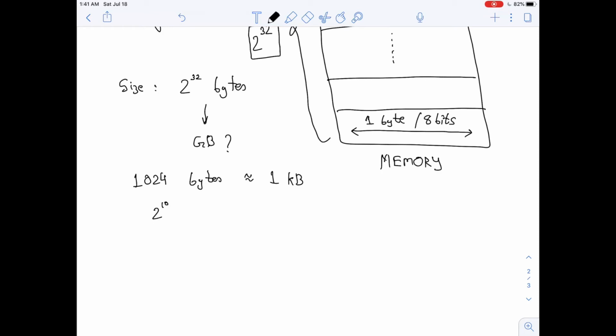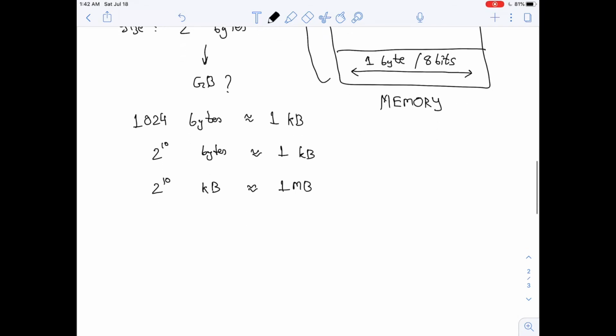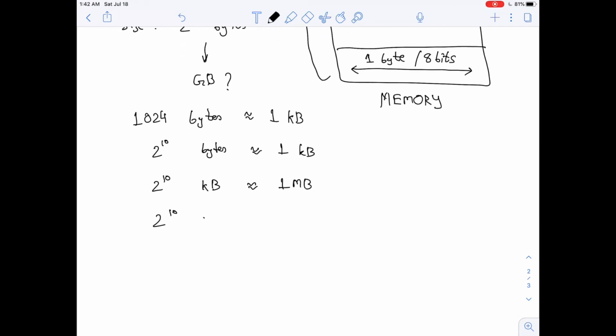So 2 to the power 10 bytes equate to 1 kilobyte. Similarly, 2 to the power 10 kilobytes, or 1024 kilobytes, equate to 1 MB. Similarly, 2 to the power 10 MB equates to 1 gigabyte.